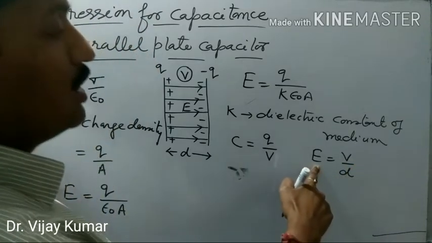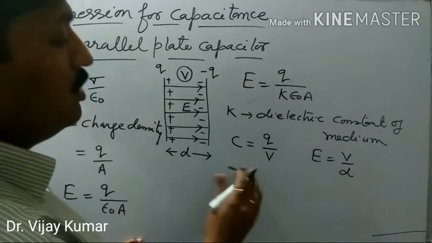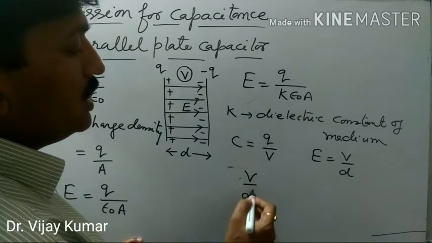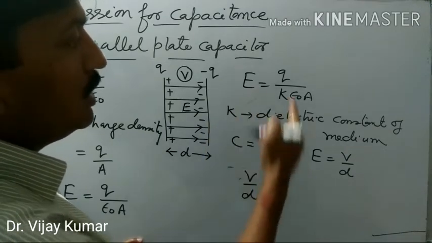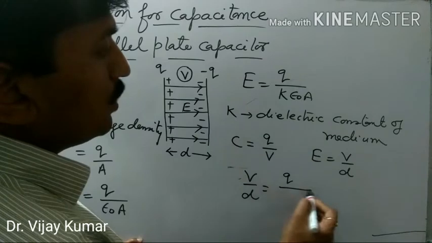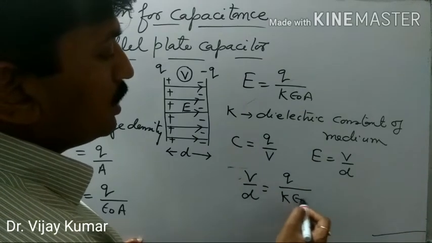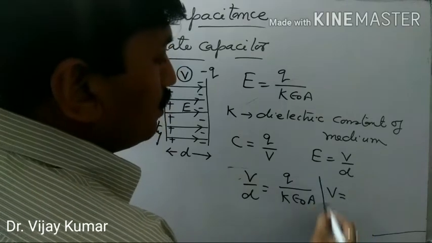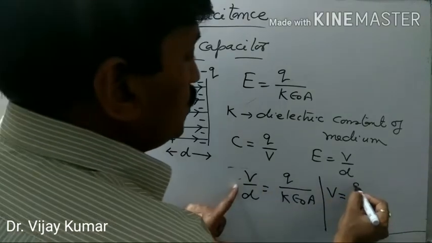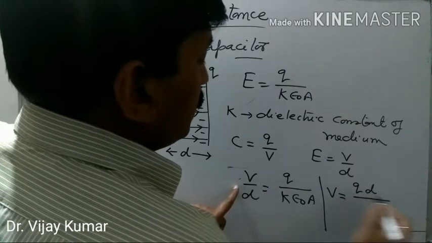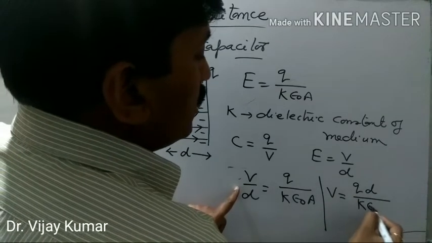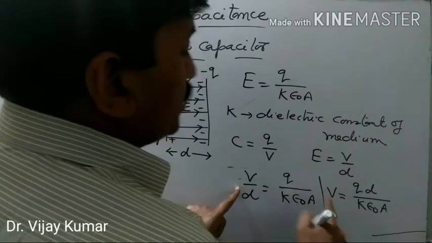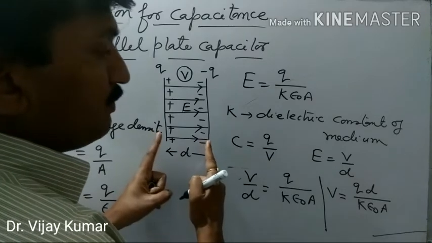So V upon d should be equal to Q upon K epsilon naught A, and here V becomes Q d upon K epsilon naught A. This is the potential difference between these two plates.